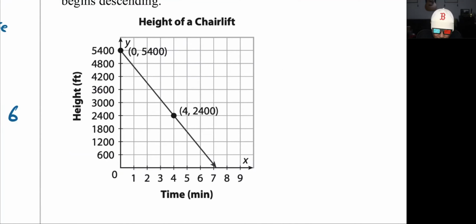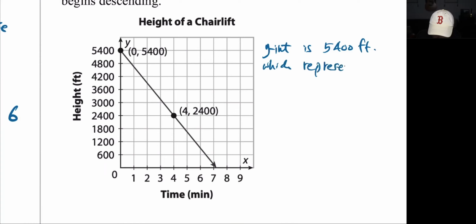First of all, what's my y-intercept? My y-intercept is 5,400 feet, which represents, the keyword here is what? Initial height of the chairlift.